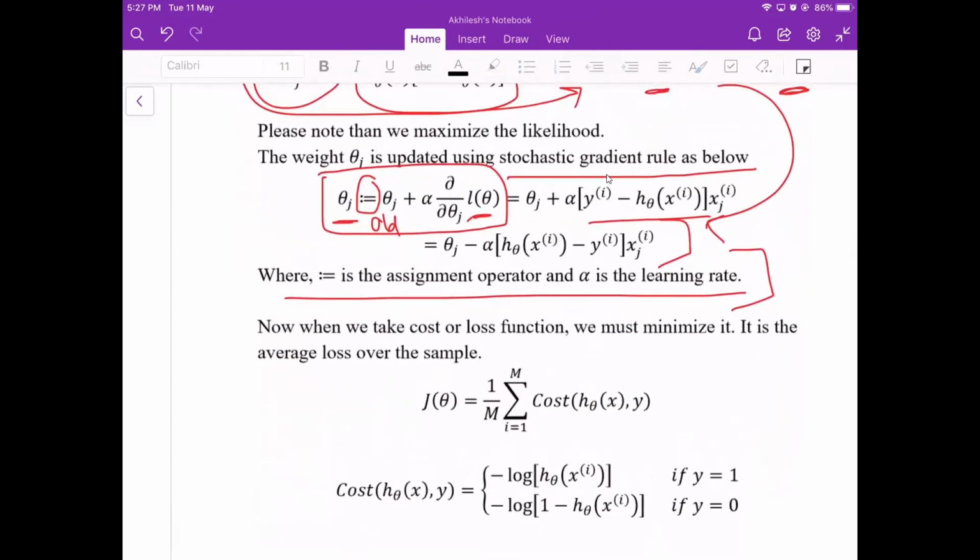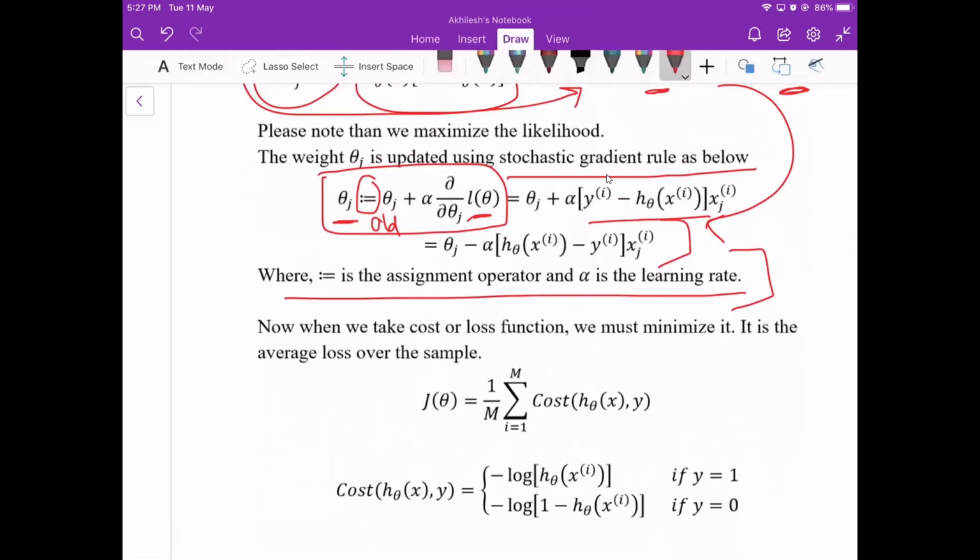Okay, so the same thing we can also do using a loss or cost function. When we define it in terms of a loss or cost function, we have to minimize it, because we have to minimize the loss.